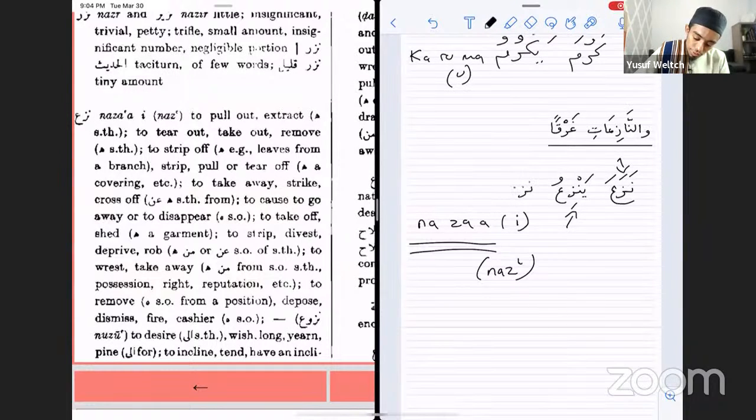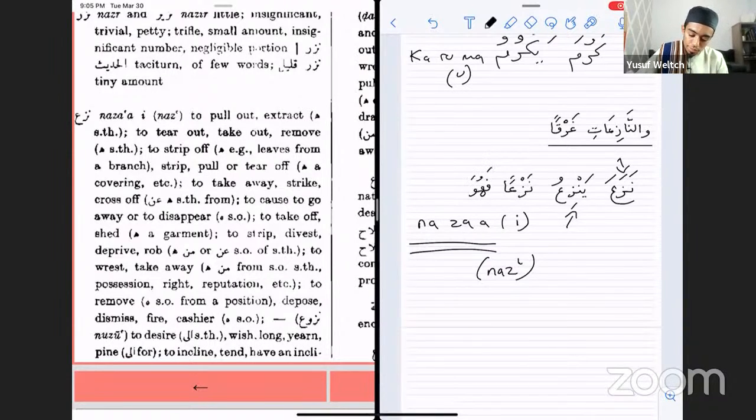Naz'un. Good, naz'un. But generally for this scale, we always put it in mansub, with a fatha at the end. Naz'an. It means to pull. So naza'a yanzi'u naz'an fahuwa.